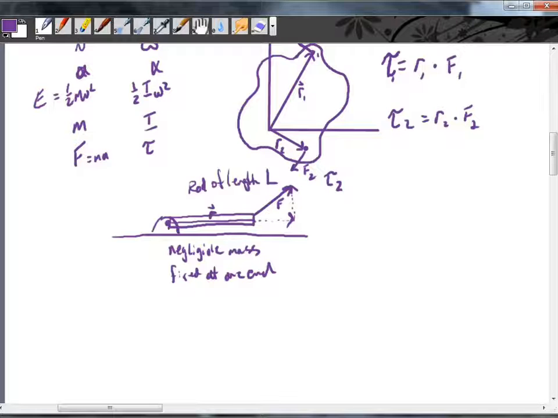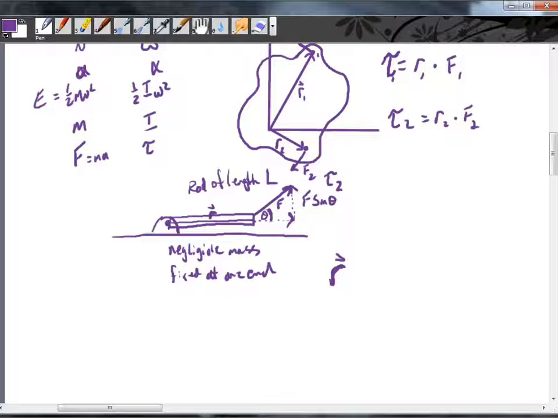So how do we determine this? If this is our theta, the angle that the force is applying to our rod, what is this force over here going to be? This is going to be force sine theta right there.